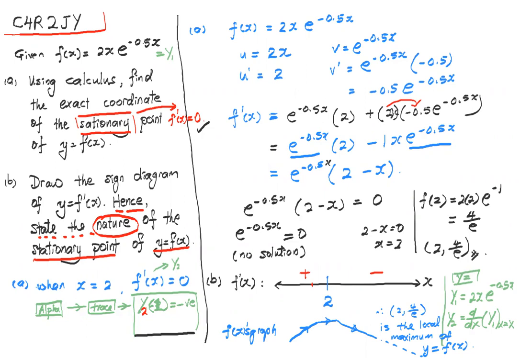So that we can know whether the function y equals f x is increasing or decreasing at a certain interval of x. Okay, another one. Please, someone give me your answer so that I can help you see whether your thinking is correct or not.